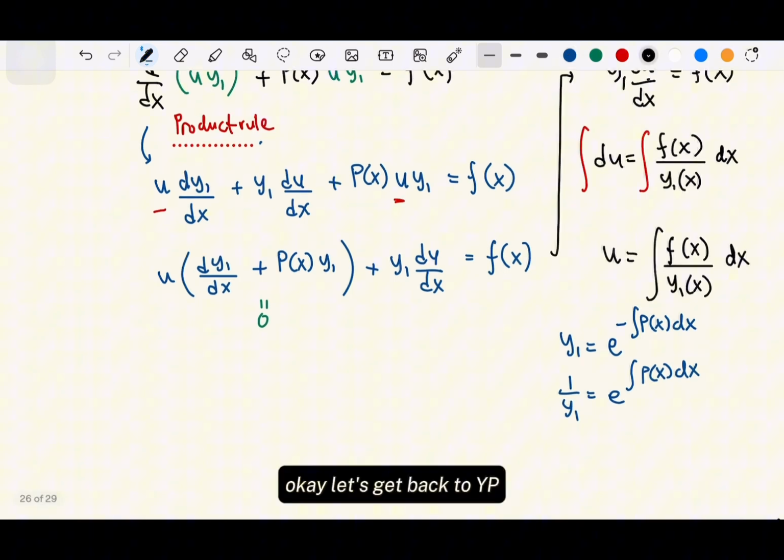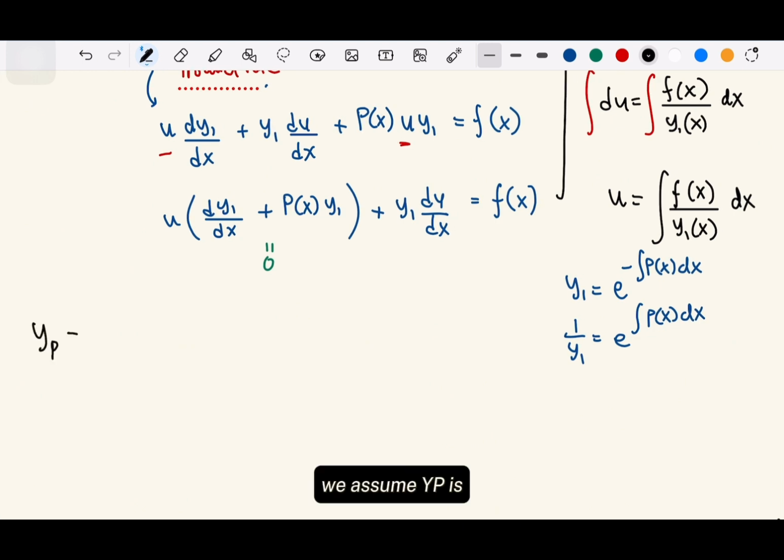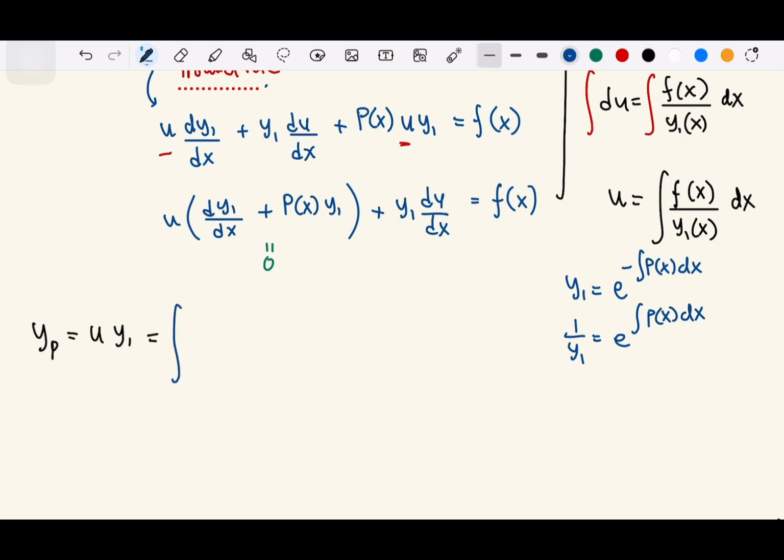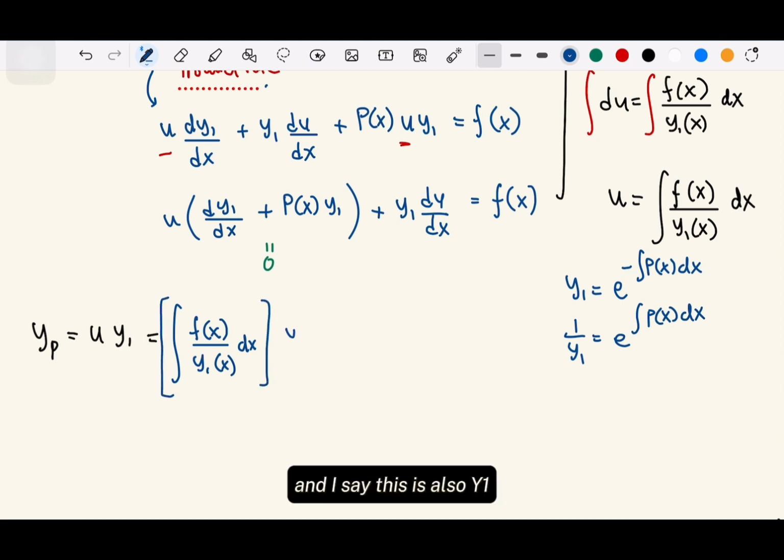Okay, let's get back to yp. We assume yp is u y1. So we can exchange u, u becomes the integration of f of x over y1 of x dx. And let's say this is also y1.